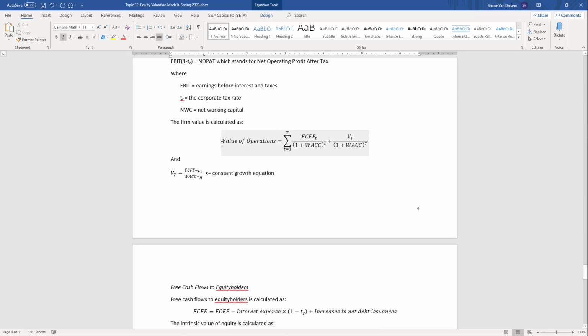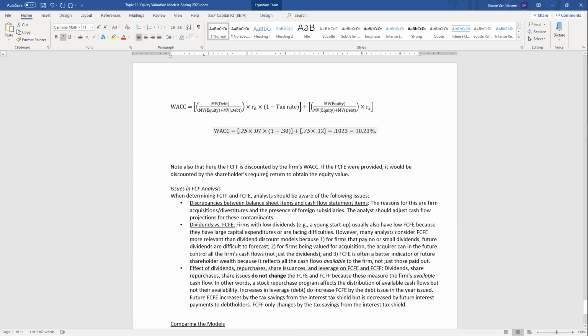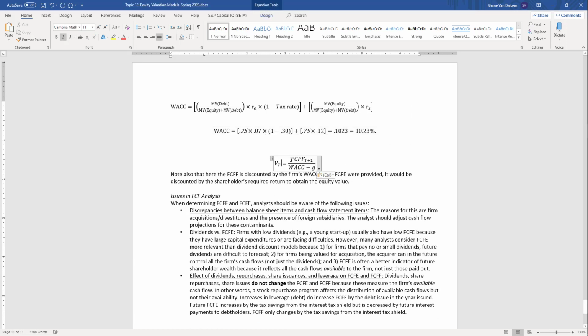So I'm going to use this equation, the value of operations, and the constant growth equation, because that's what it is here. If this is constant growth, it breaks down to this equation. I'm going to put it here just to be a little bit more accurate.